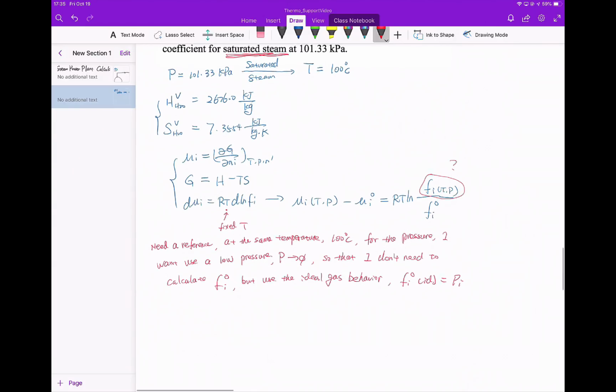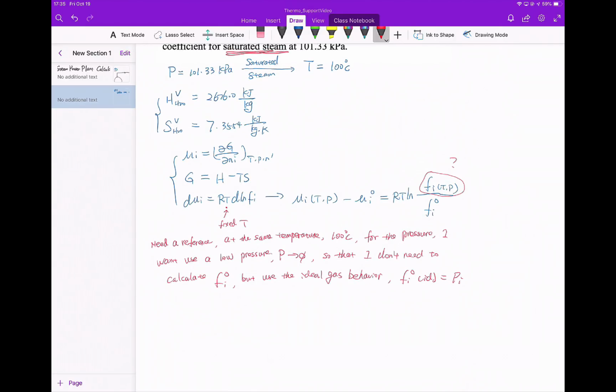So this is why in the calculation we pick up this condition. Is P naught, maybe we call this P initial, otherwise it's confusing. Whenever we see naught, we tend to think about 1 atm. Let's call this P initial. It's 1 kPa.